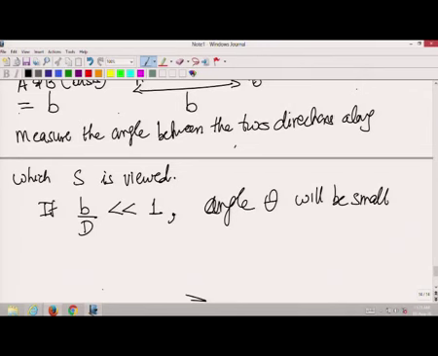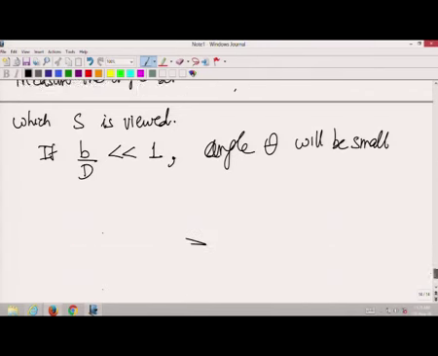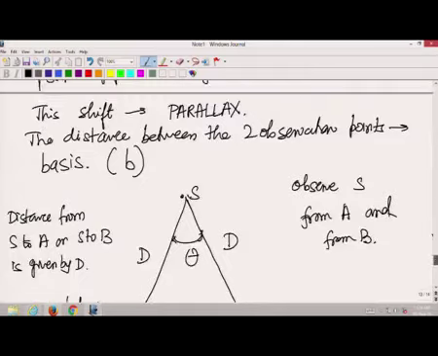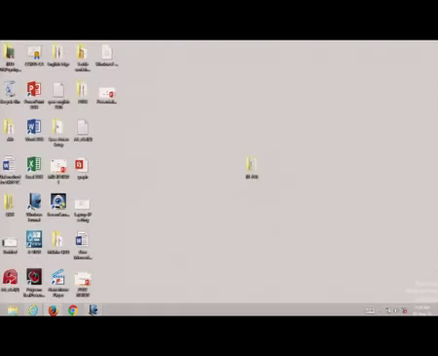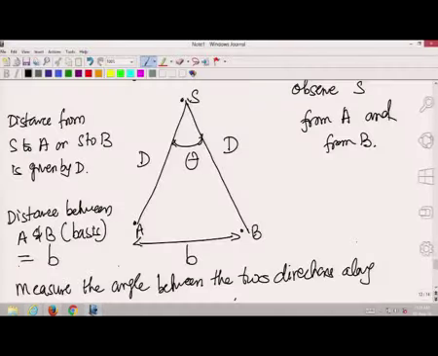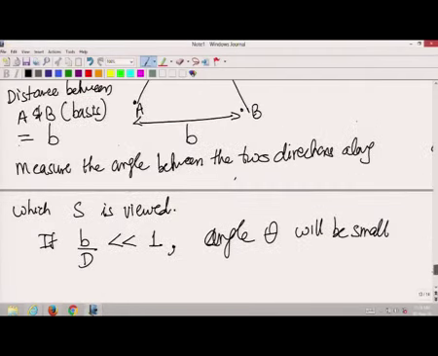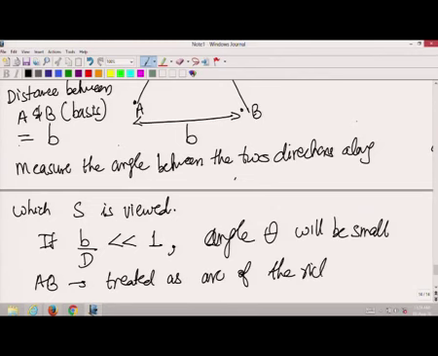If that is so, that means this angle theta is small, and AB can be treated as the arc of a circle.